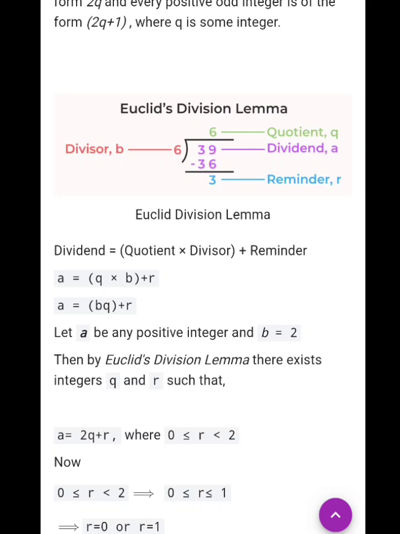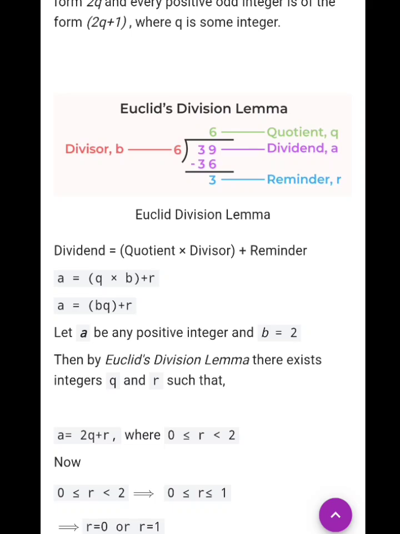That means 39 will be equal to 6 multiplied by 6 plus 3. 6 times 6 is 36, 36 plus 3 is 39. That kind of a relation exists between quotient, divisor, dividend and remainder.